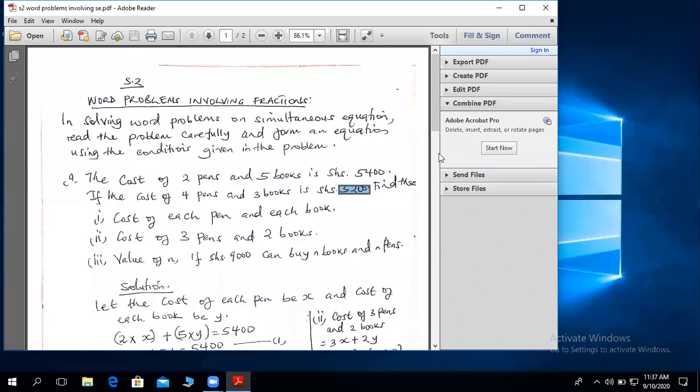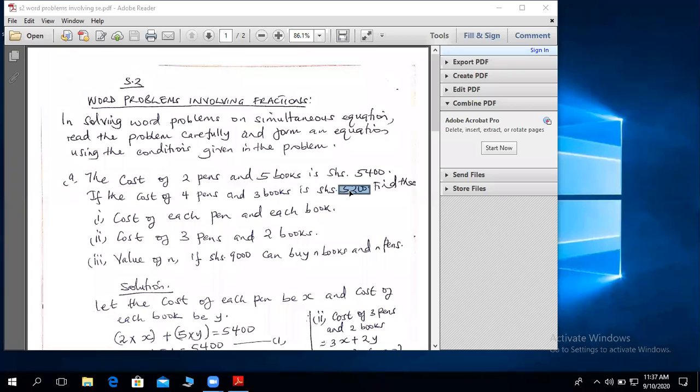So when you look at this question, you realize you have 2 unknowns. You don't know the cost of the pen and you don't know the cost of the book. That is the first thing you should think about. But the information we have given you is that if someone has 5,400, that person can buy 2 pens and 5 books.